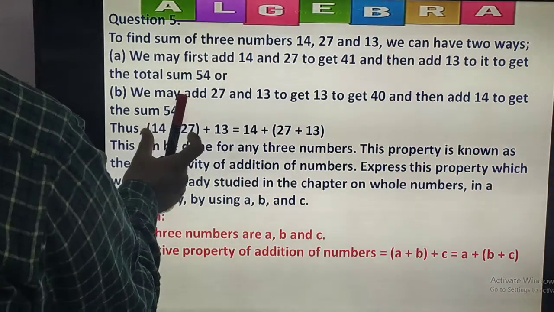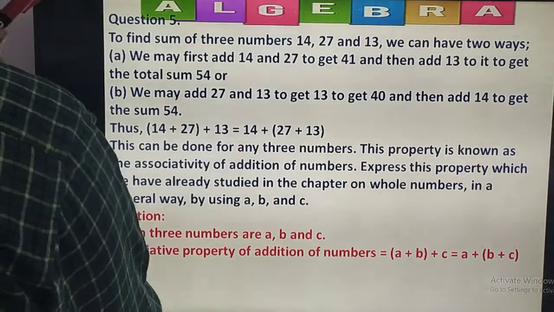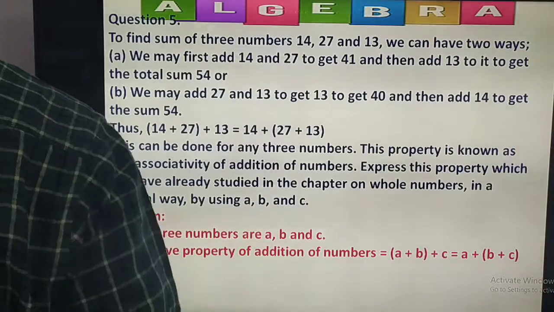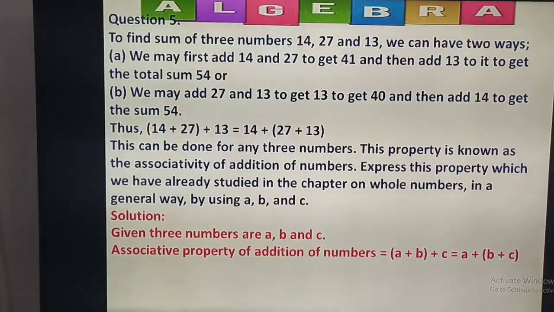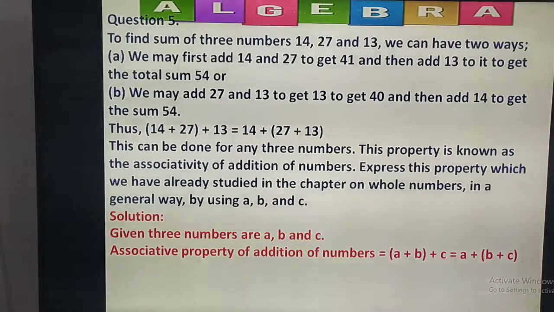So the addition of the first 2 numbers, then adding 13, gives the same answer as the addition of the last 2 numbers and then adding 14. This is called the associative property of addition of numbers.